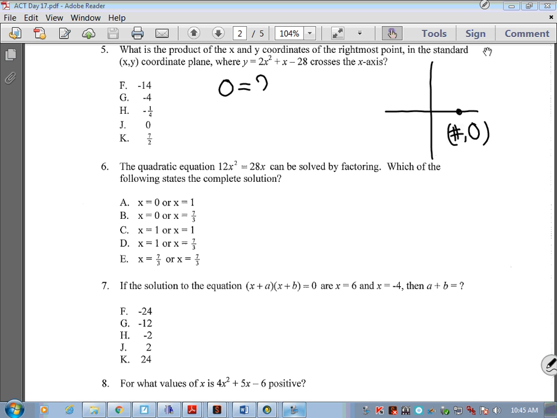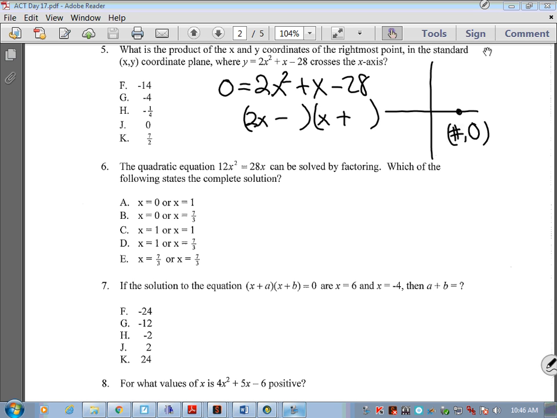So I'm getting 2x squared plus x minus 28 equals 0. Essentially what I'm doing is I'm going to factor that down. I can't take anything out of all of it, but I know I'm going to get 2x and x. In order for me to multiply two things and get a negative, I'm going to have a positive and a negative.